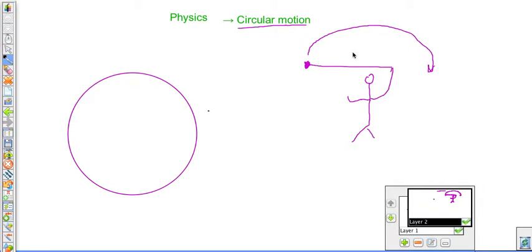Well, it definitely has a velocity. But we talked about also how acceleration is a change in velocity, and that can include a change in direction. And you'll notice that this thing is always changing direction as it goes around the circle. So that means it always has an acceleration.